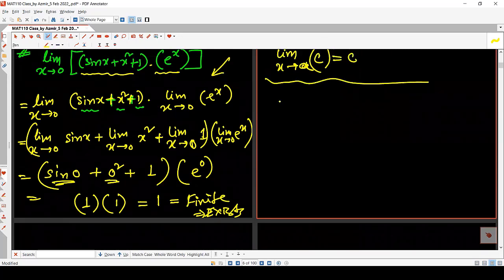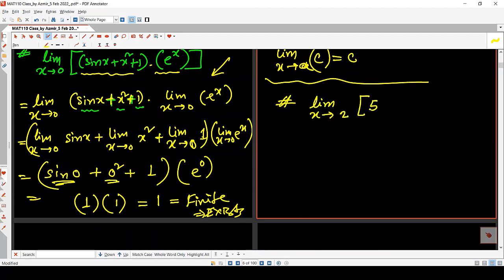Let's say we have the limit as x tends to 2 of 5x squared plus 1. Here you can see that 5 is a constant and this is f of x, c times f of x.